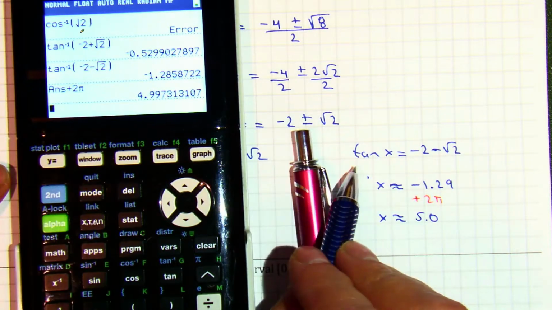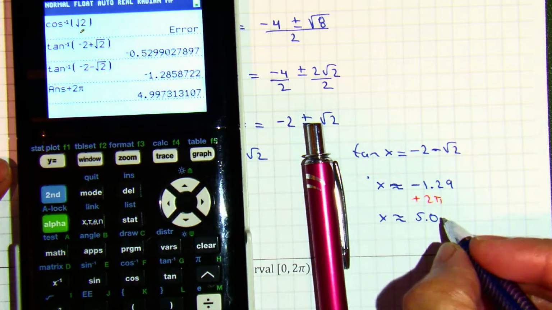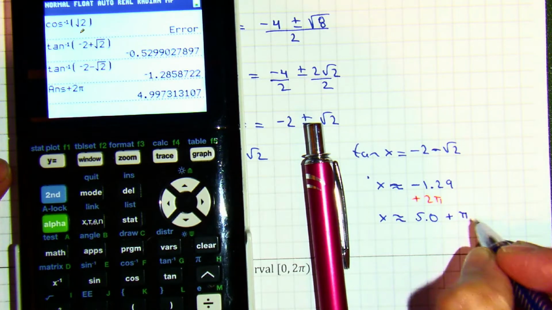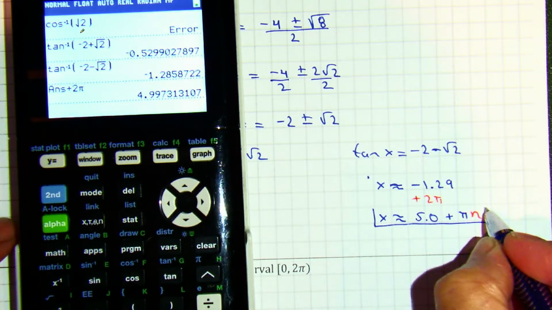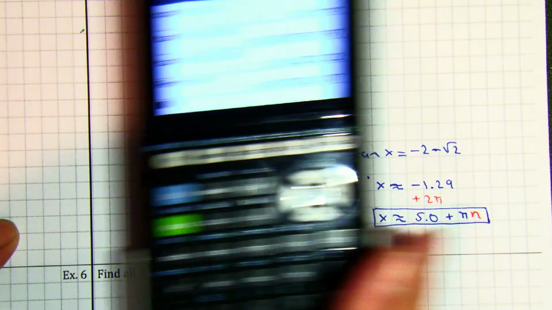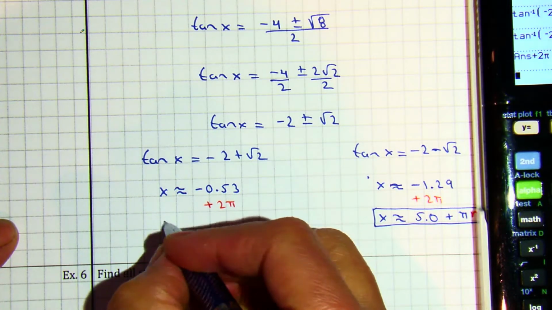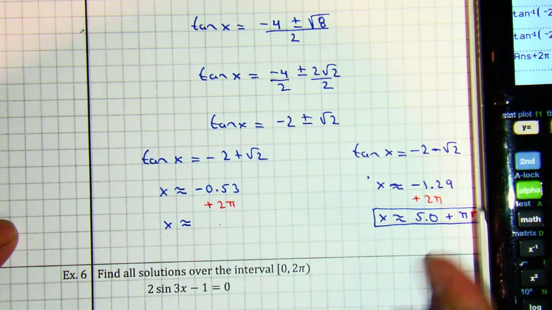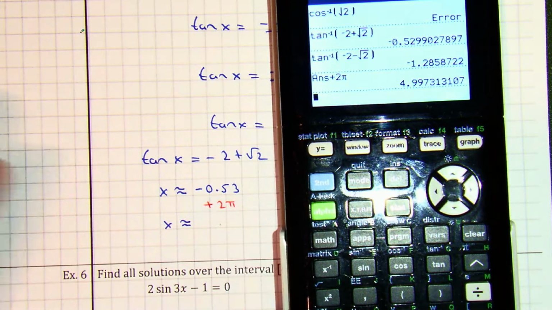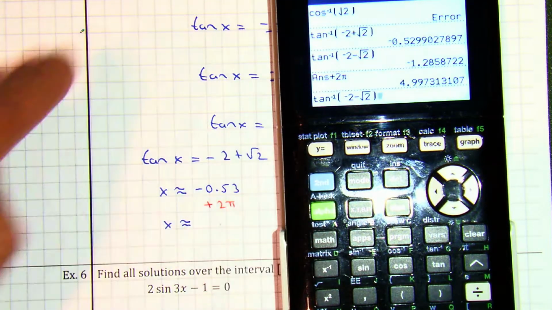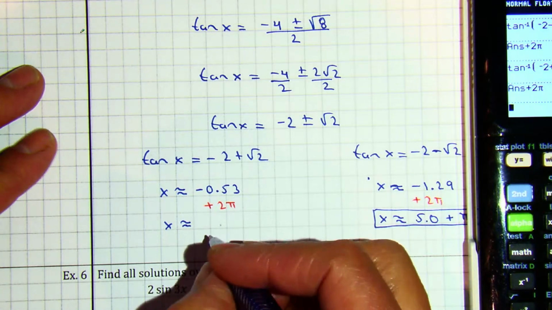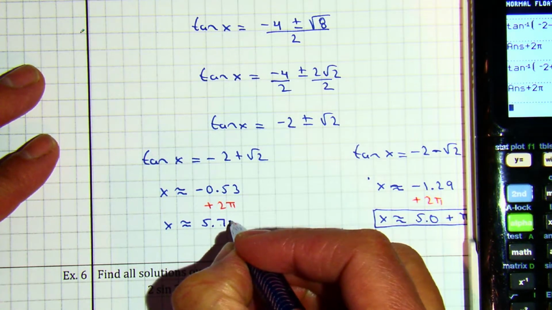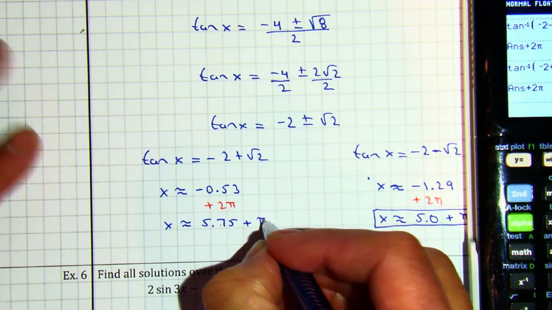And what is the period for tangent? Plus pi n. X is approximately, we'll just take my previous answer and add 2 pi, will be 5.75 plus pi n.